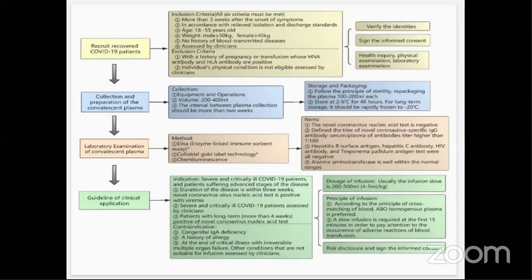This slide is the summary for the whole presentation: the criteria for the donor, the criteria for patient eligibility, who the patients are that will receive the convalescent plasma, and also the guidelines they put: how to give, how much, when you will give, and how you will monitor the patients.